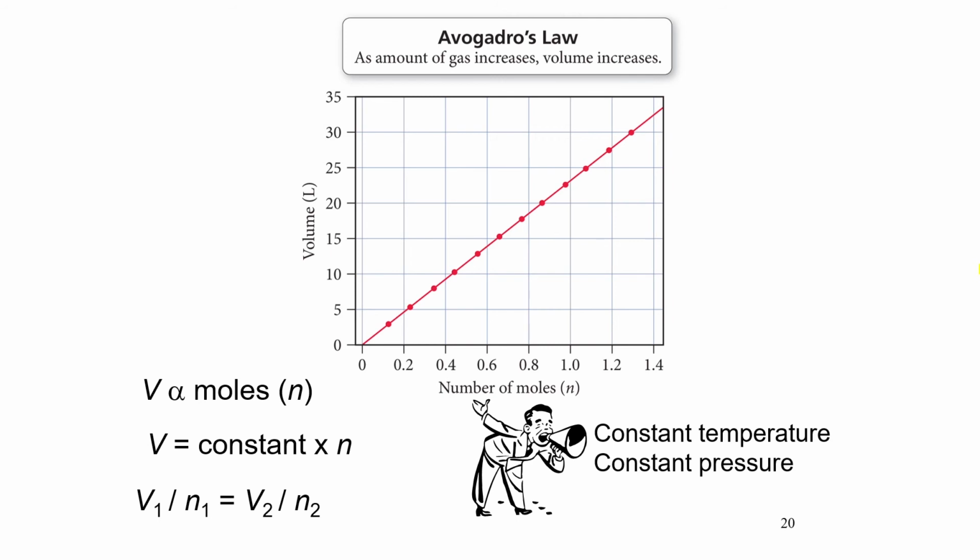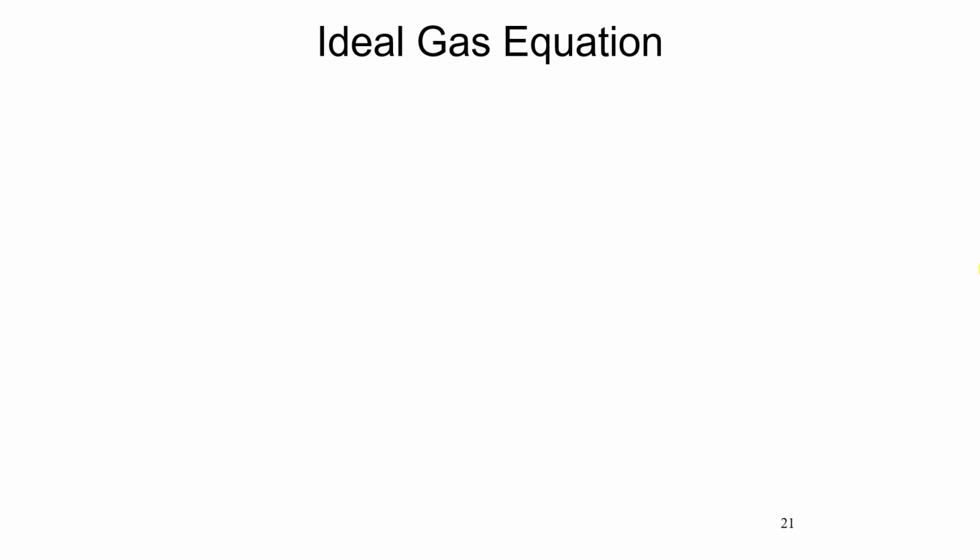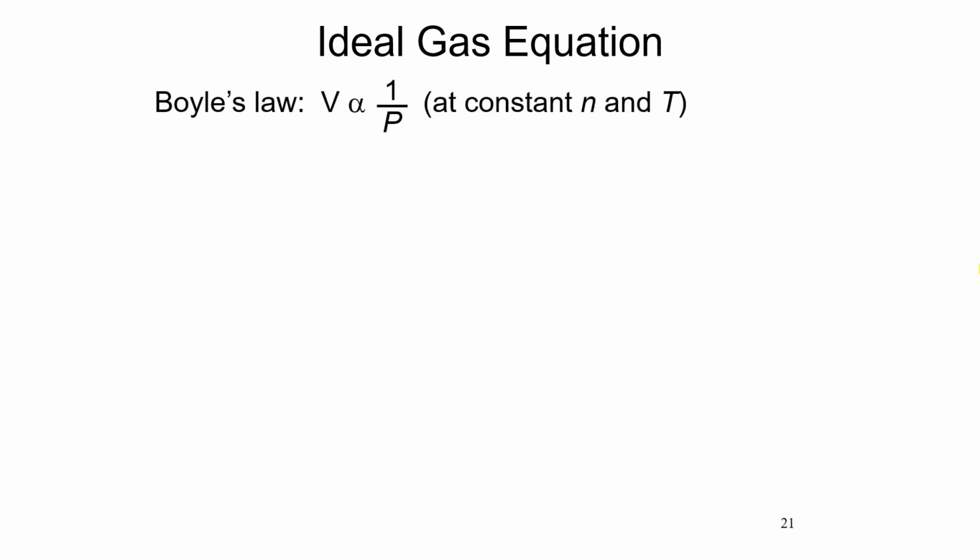Okay, so we now have three different expressions for the relationships of two properties of gases at a time. Let's see if we can combine them into one general equation. We're going to call it the ideal gas equation. Boyle's law said that the volume is inversely proportional to the pressure, at constant moles and temperature.